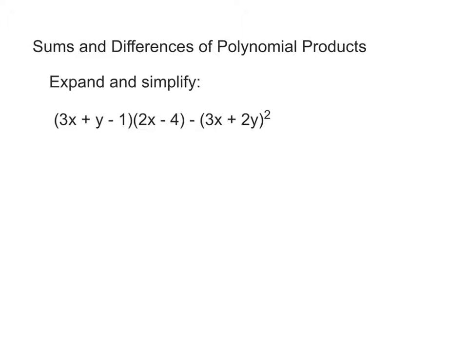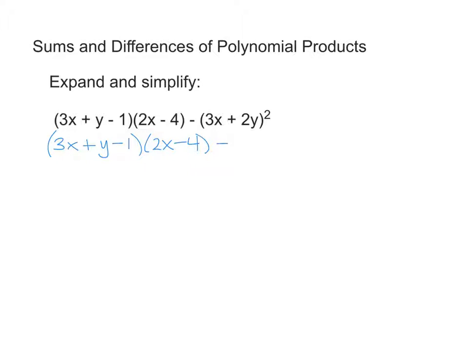And actually all I'm going to do right here is rewrite all this. 3x plus y minus 1, 2x minus 4, minus that squared that we see on the 3x plus 2y. Squared means multiply this thing by itself 2 times.